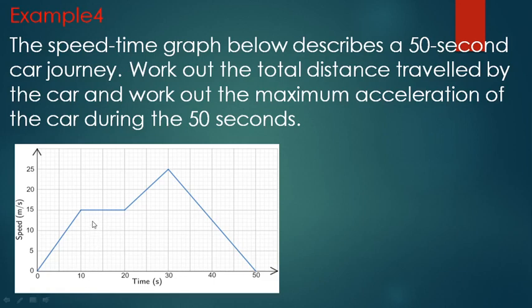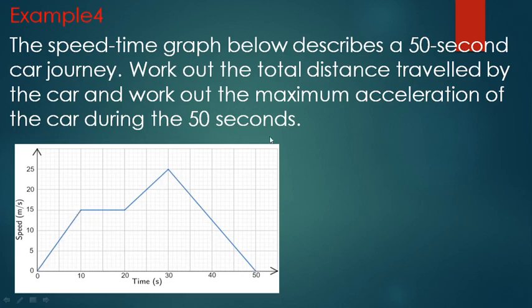Now, you realize that the car is accelerating here, then it goes with constant velocity here, it accelerates again, and then it starts decelerating to 0. So that means we have two parts of the journey where the car accelerated, this part and this part.